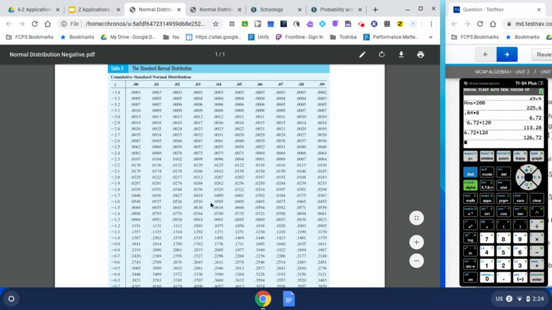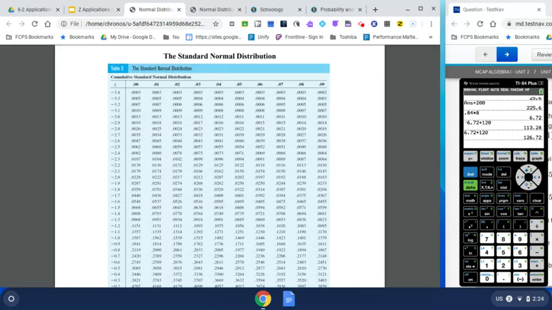And it looks like we're evenly split: 0.0505 and 0.0495. Those are both evenly split around 0.05. So when that happens, guys, different books say to do different things. My personal preference is I want you to average those two Z values together.